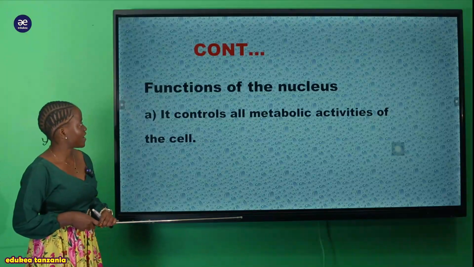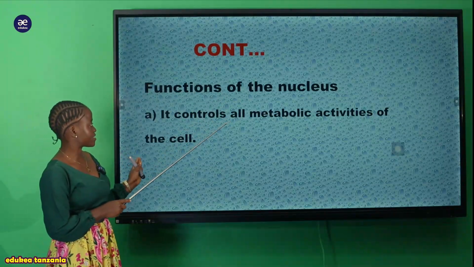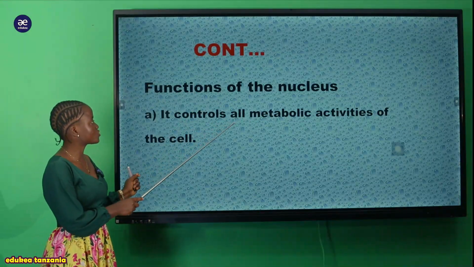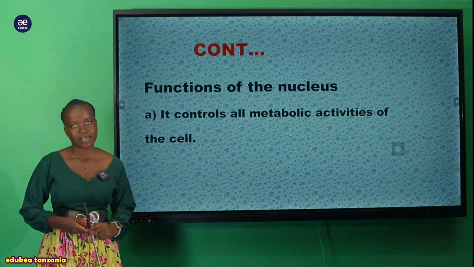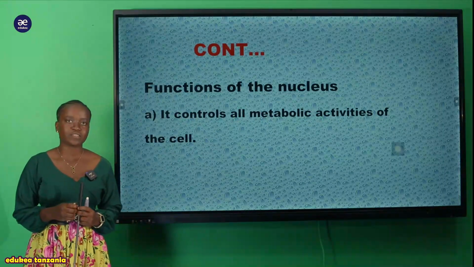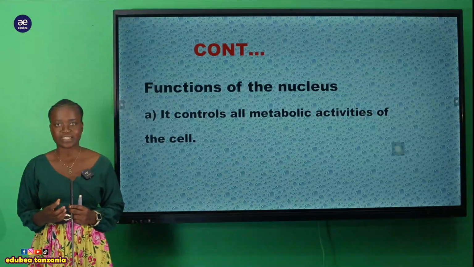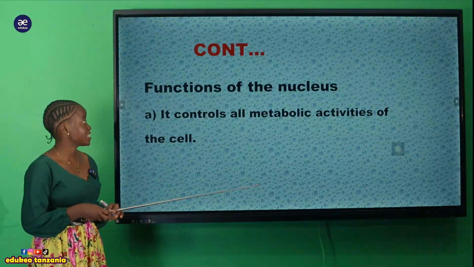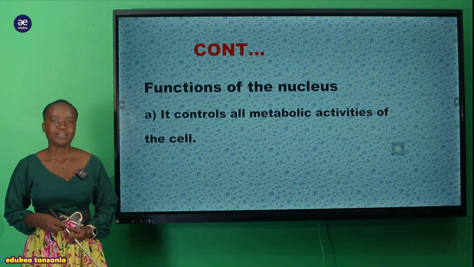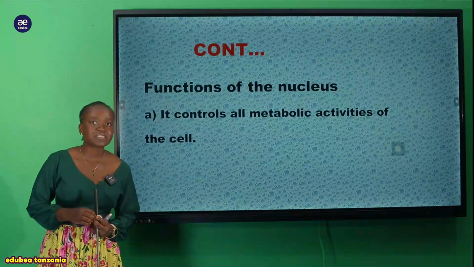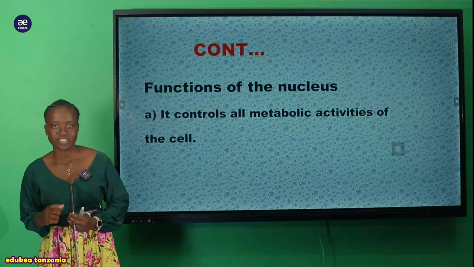The first function of the nucleus is that it controls all metabolic activities of the cell. And remember, the metabolic processes occur within the cells.